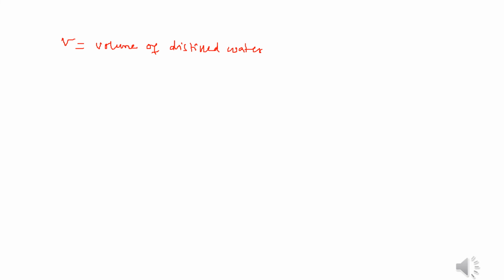Suppose we are concerned with a particular size of soil particle, D. This means all the particles smaller than the particle size D will be present at this depth HE, while the particles larger than size D would have settled below that depth at the time we are checking the reading.